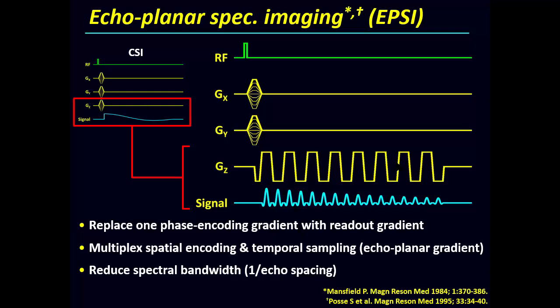And then we oscillate that gradient and sample over and over again. That gives us our spectral or temporal sampling. So what we've done is multiplex the spatial encoding with the temporal sampling. The price we pay is that we've reduced our spectral bandwidth. It's now 1 over the echo spacing, but in many cases this is still sufficient, and this will let us accelerate by quite a large factor but still get the information we need.